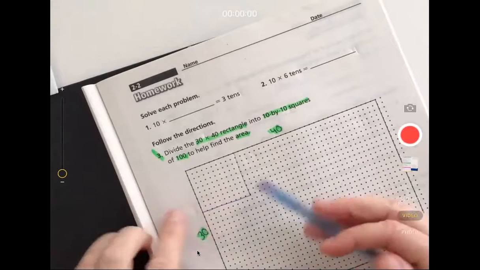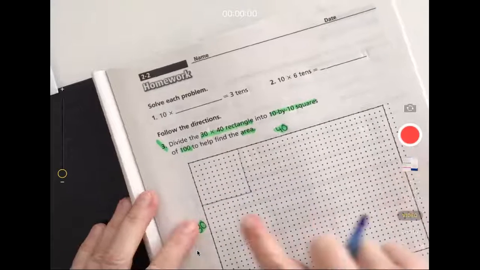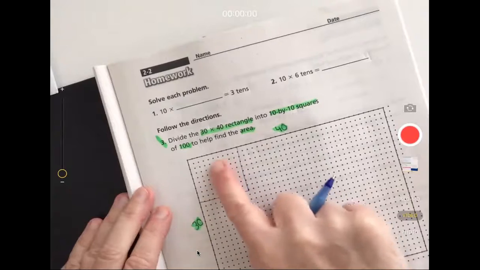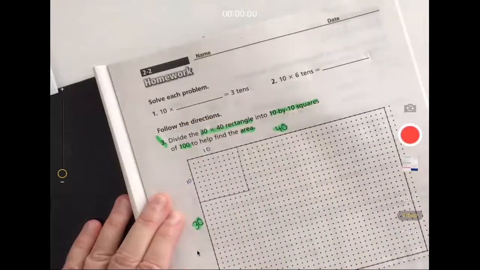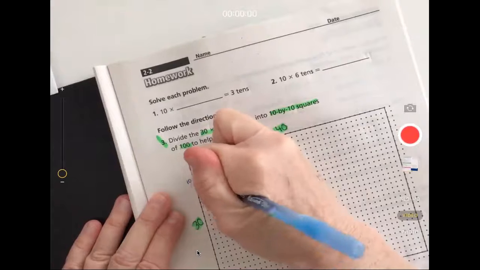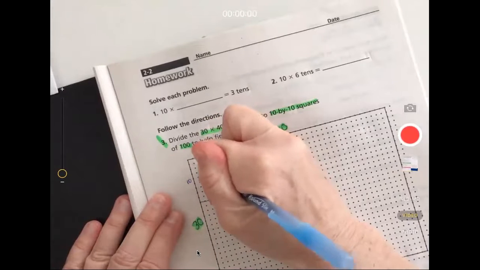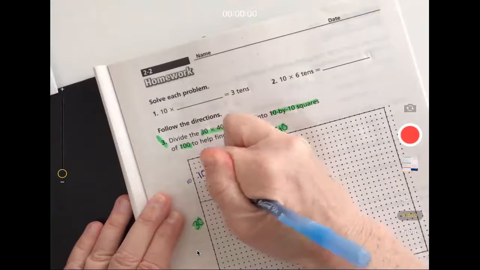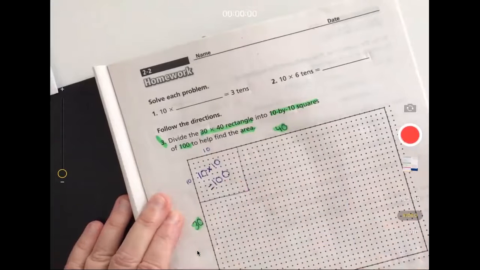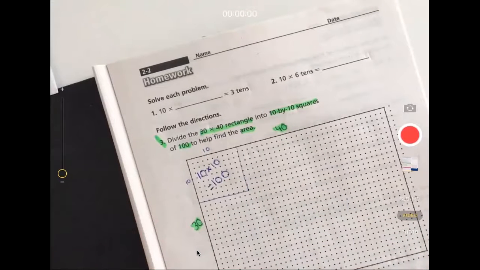This is now a 10 by 10. So if I was to label this smaller rectangle, now I can label this 10 by 10. I know inside this means 10 times 10, and that gives the area of 100 for this smaller rectangle, right?